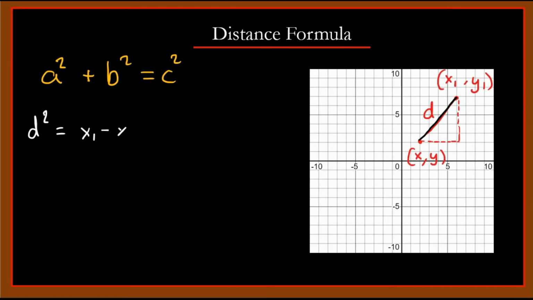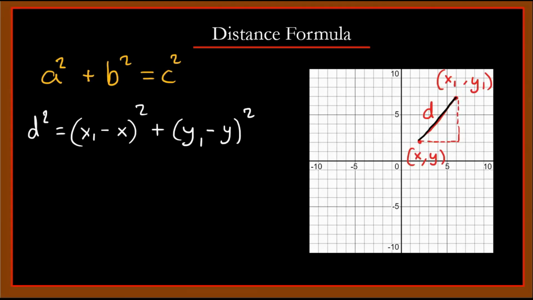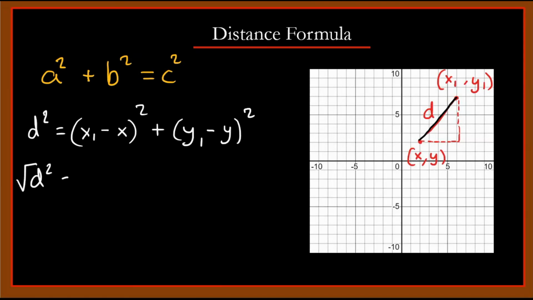So d square equals x1 minus x the whole square plus y1 minus y the whole square, where x1 minus x and y1 minus y are the base and height of the triangle made by the points in the xy plane. To find the value of d, let's take the square root of both sides.